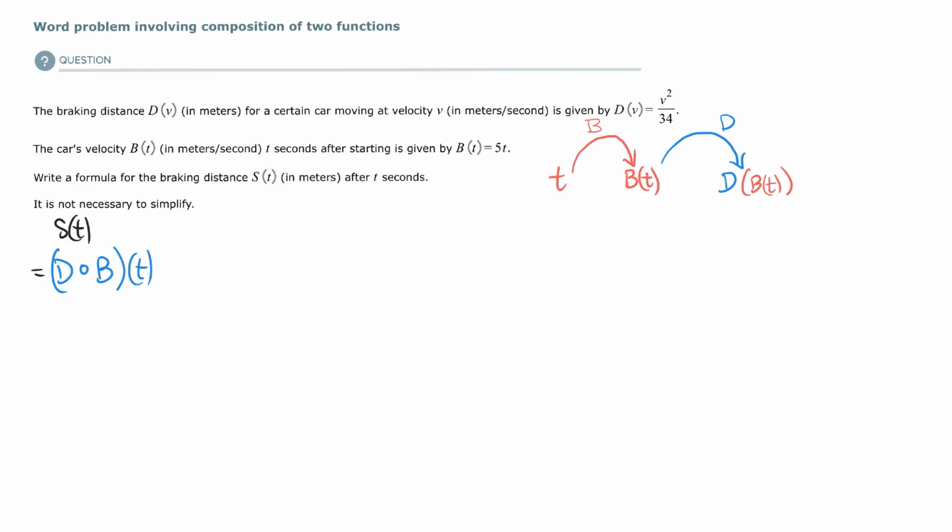By definition, what does that mean? The b goes first. D composed with b of t. The b goes first. What is b of t? B of t is 5t.